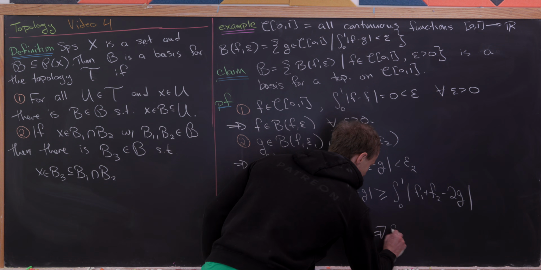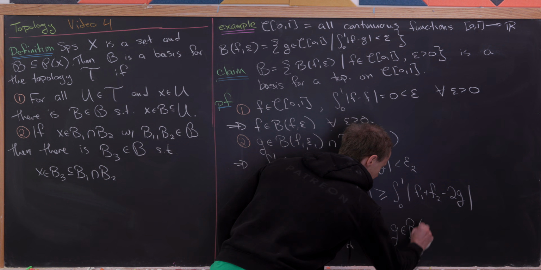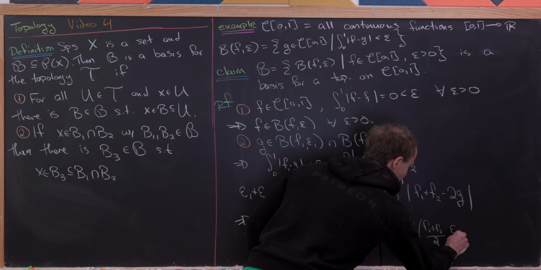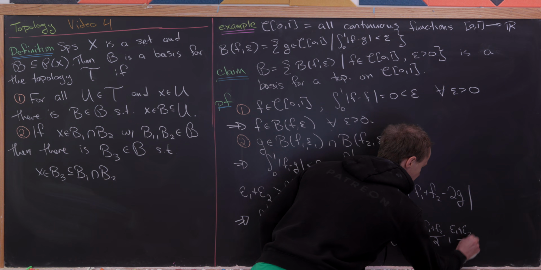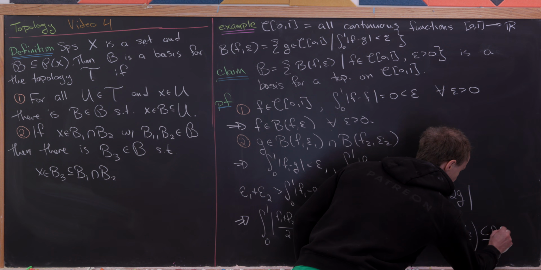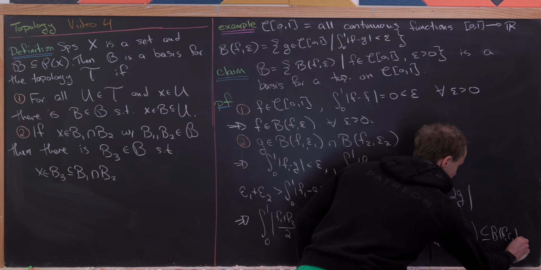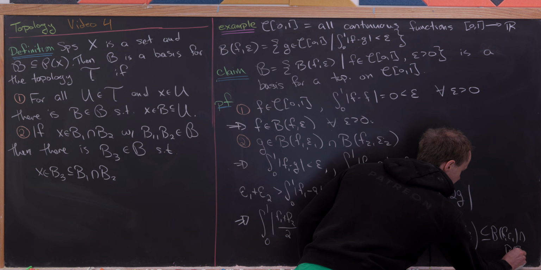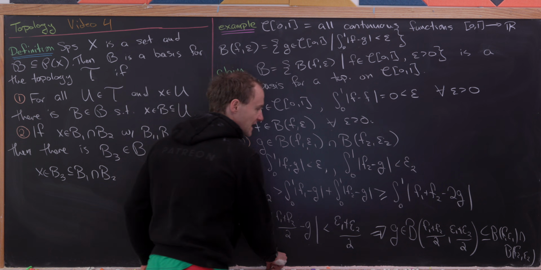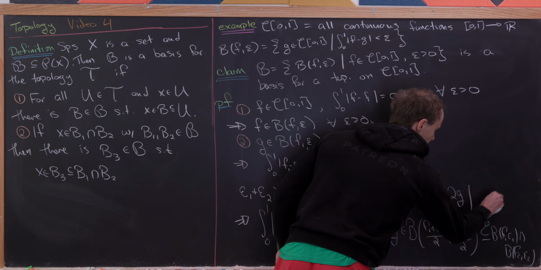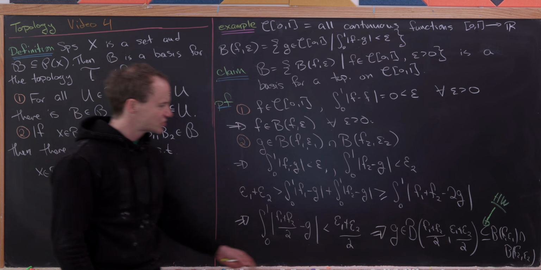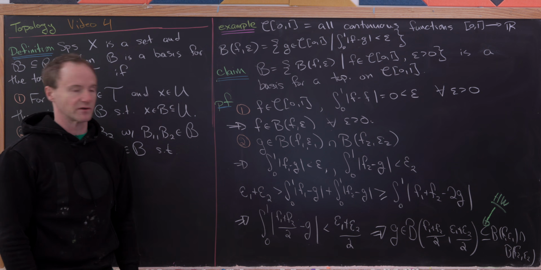But that tells us that our function g is inside of this B((f1 plus f2)/2, (epsilon 1 plus epsilon 2)/2). But then that's going to be a subset of B(f1, epsilon 1) intersected with B(f2, epsilon 2). Now we haven't exactly shown this containment right here, so I'll maybe leave that as a homework exercise. But we did show that g was inside of the first thing.